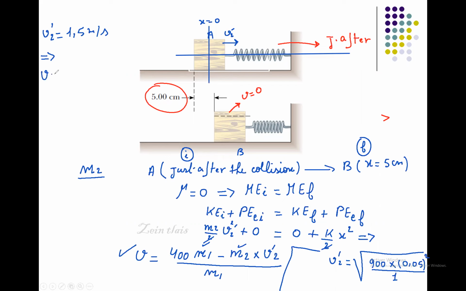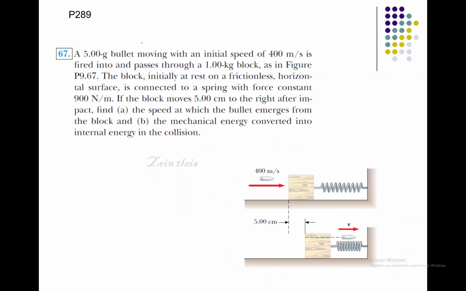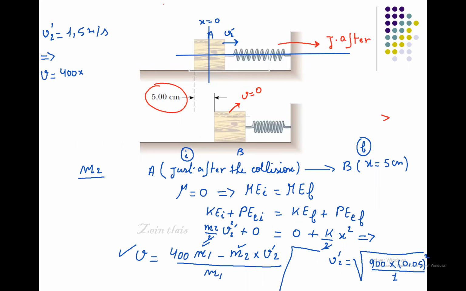So v equals to 400 times m1 equals to 5 gram, so equals to 5 times 10 power minus 3 minus m2 equals to 1 times v prime 2 equals to 1.5, divided by m1 equals to 5 times 10 minus 3.